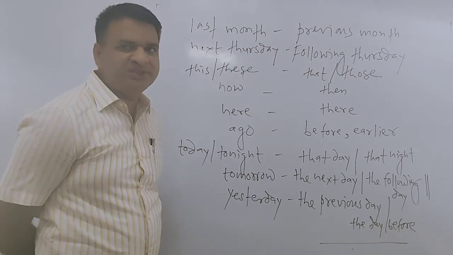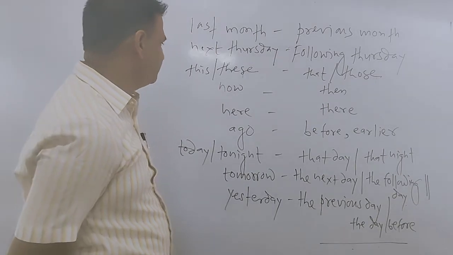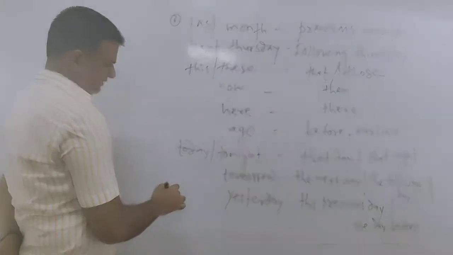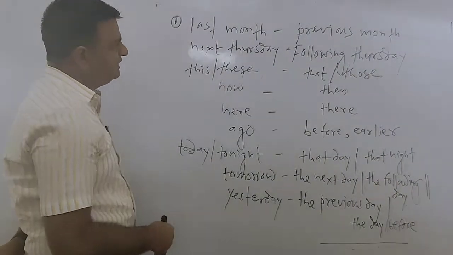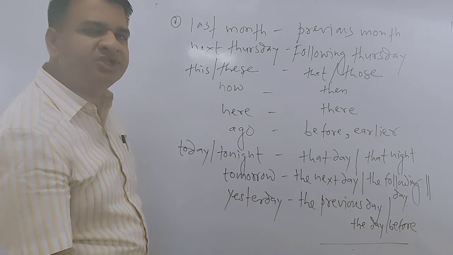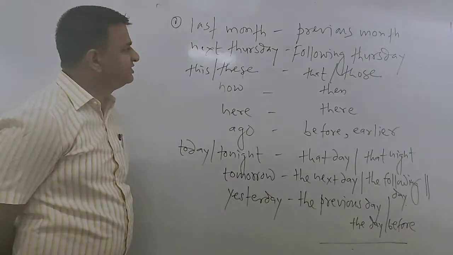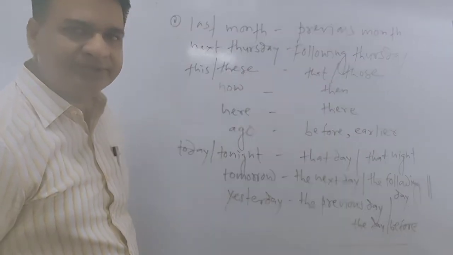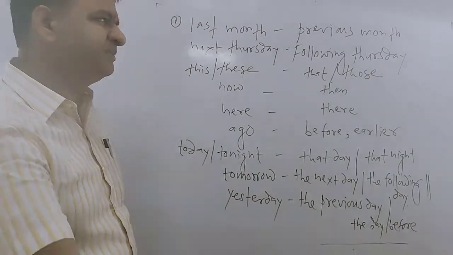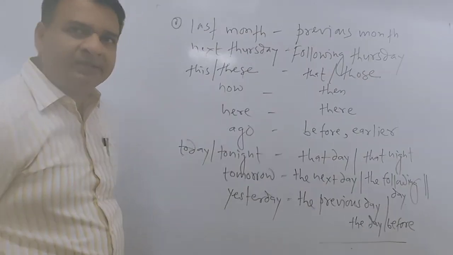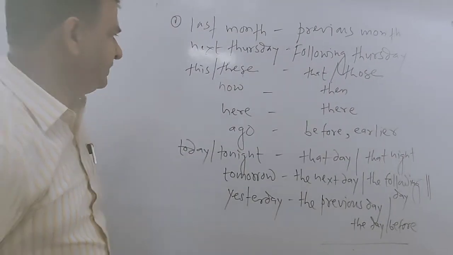Most of these changes come up in sentences often. Whenever last comes, we have to change it into previous. Last month, previous month. Next Thursday, following Thursday. Next means another, following means another. This into that, these into those.